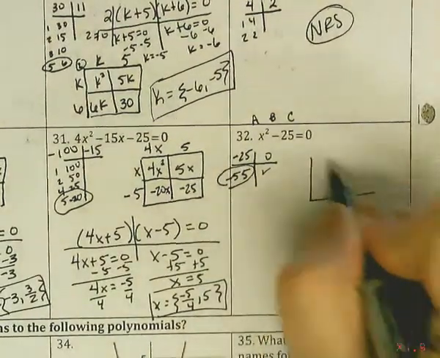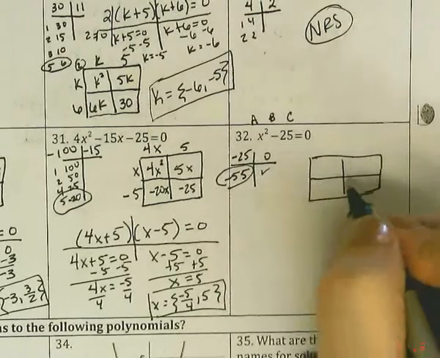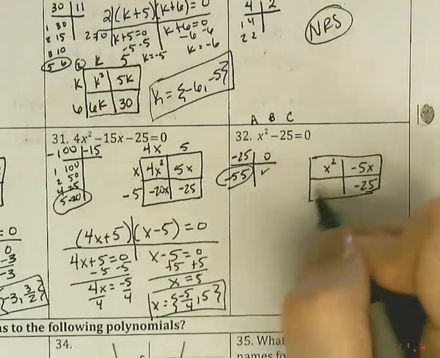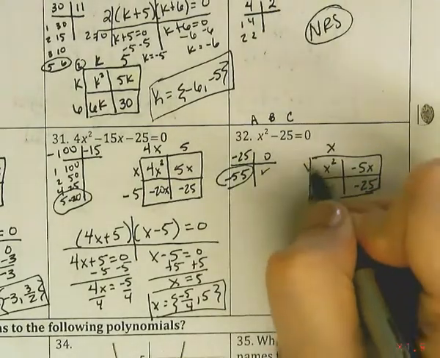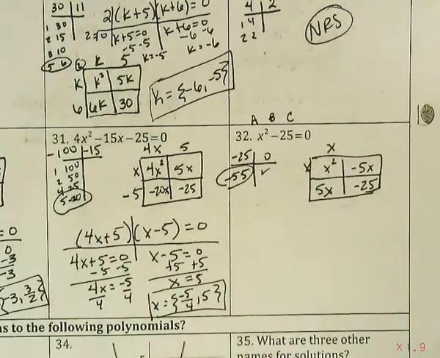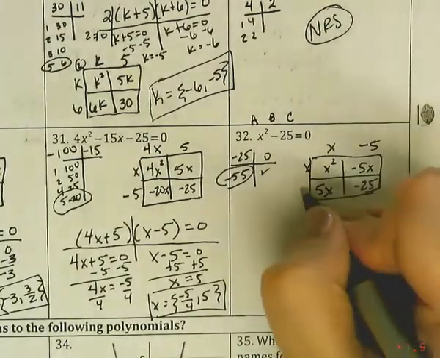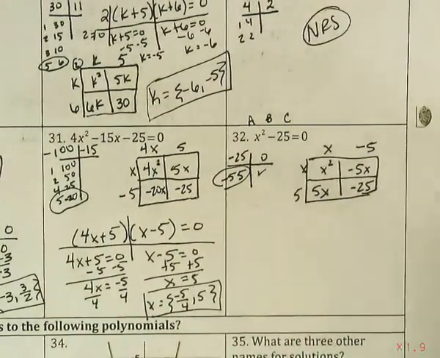Okay, make our little box. Okay, x squared. Negative 25 down here. Negative 5x, positive 5x. X and x are fine because x times x is x squared. X times negative 5. X times positive 5. Negative 5 times 5, negative 25.